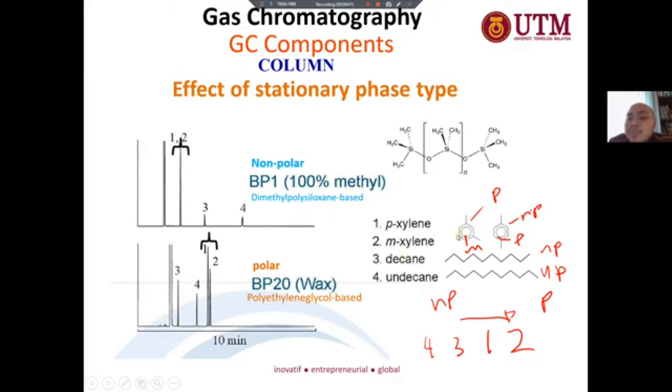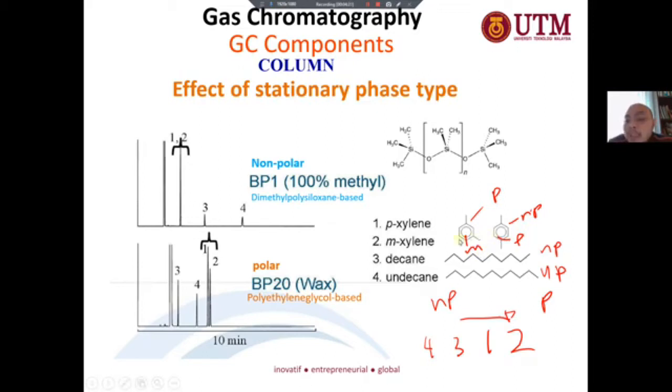Later on, we see number 1 and number 2. Number 1 is para, number 2 is meta. If you look over here, the boiling points should be more or less about the same, because the structure is not that different, just the position of the methyl.